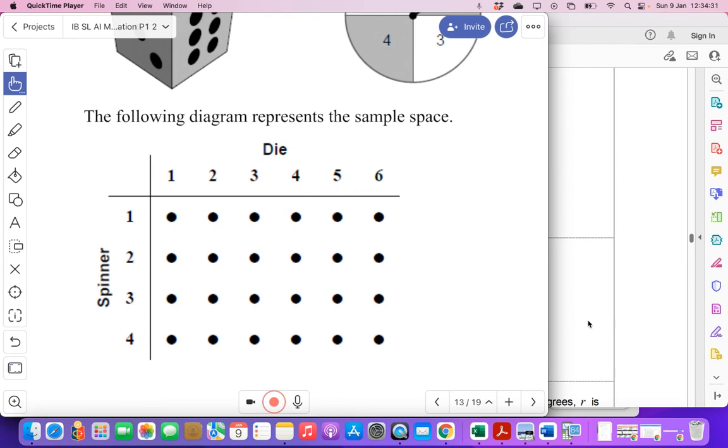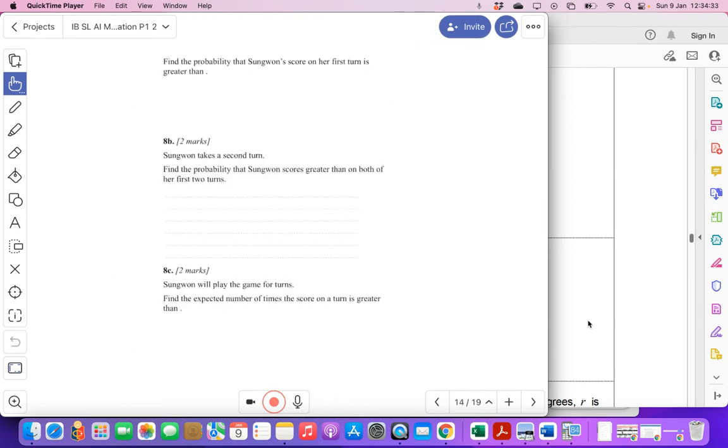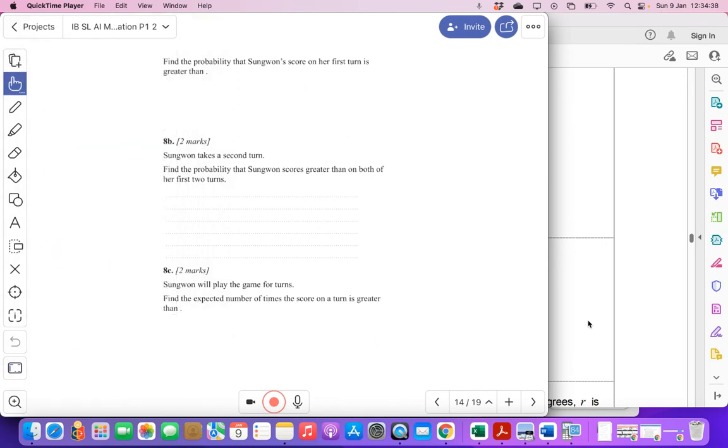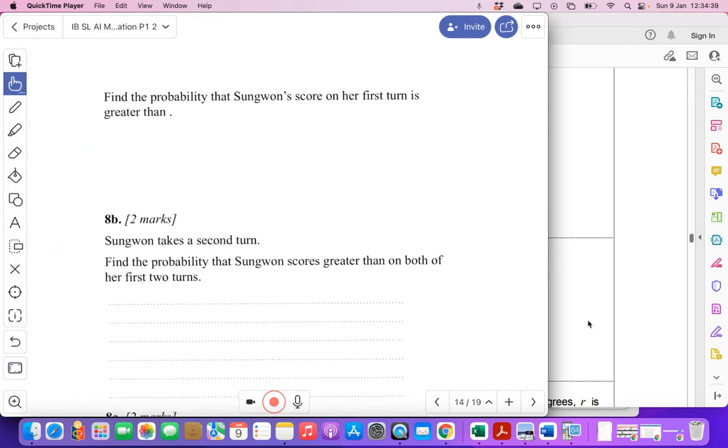The question is, what is the probability that the sum is greater than 4?